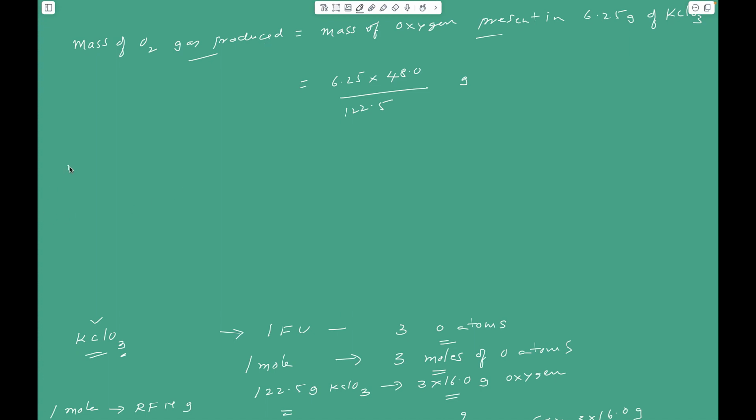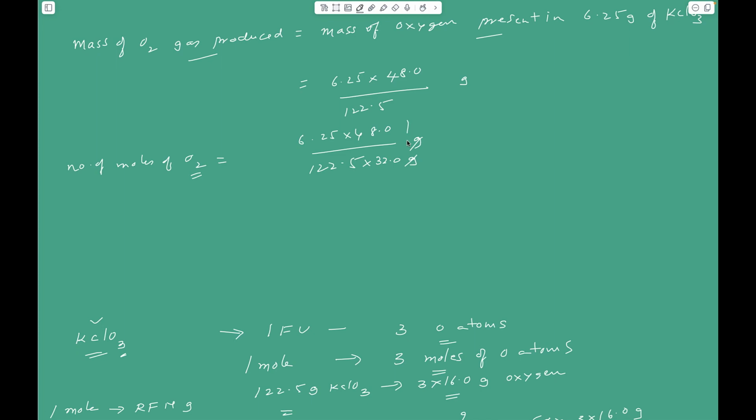Then how do you get the number of moles of oxygen? You have to divide the mass given with the relative mass of the particle expressed in grams. Here we are talking about oxygen molecules, so the relative mass of the particle is 32. When expressed in grams would be 32 grams, so these two get cancelled.